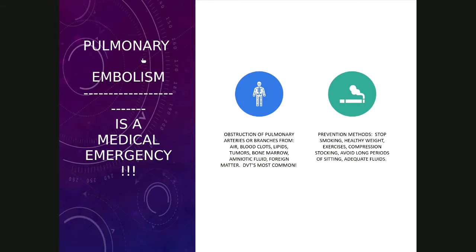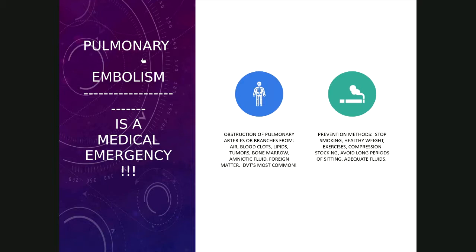So I'm not sure if anybody's ever heard it, but sometimes after women deliver babies, they throw a clot. That's what we call it, throwing a clot. And that's a pulmonary embolism, and it could be due to the amniotic fluid. Correct. And sometimes when you break a bone, you throw a clot, and that's due to bone marrow getting into the bloodstream and then getting lodged in the lungs or in the heart somewhere, or even in the brain.